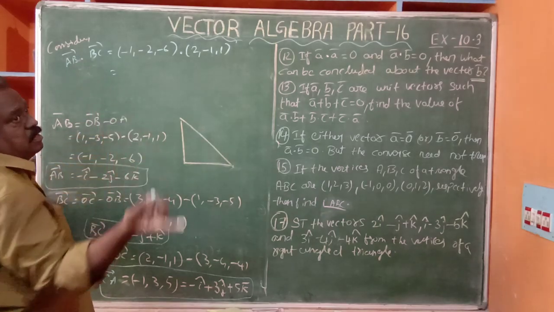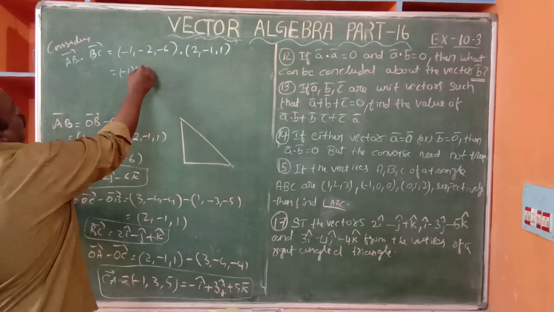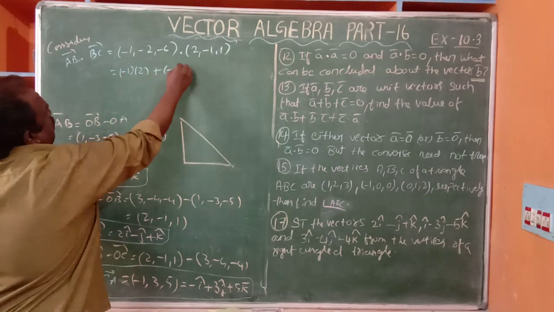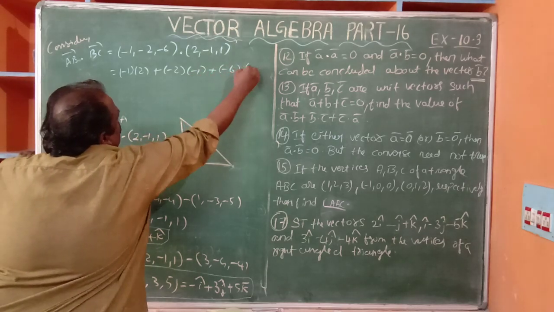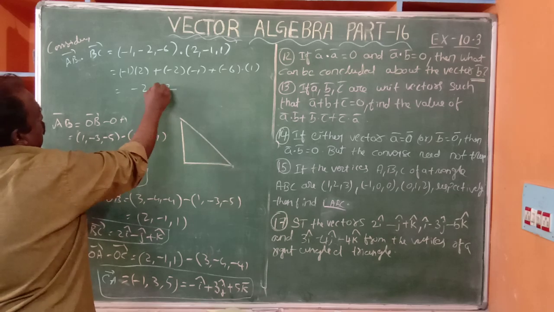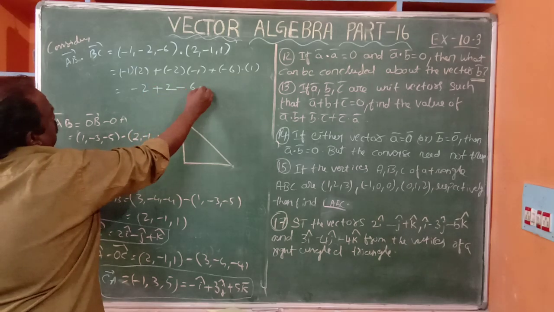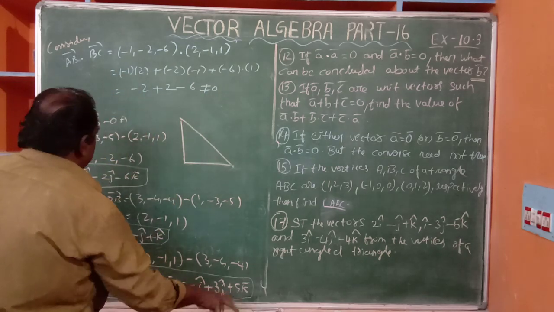Not needed to write i, j, k. Now the dot product is minus 1 into 2 plus minus 2 into minus 1 plus minus 6 into 1. It is minus 2, plus 2, minus 6, not equal to 0.